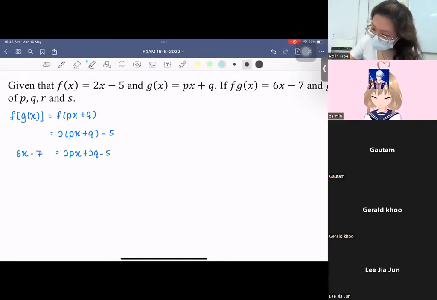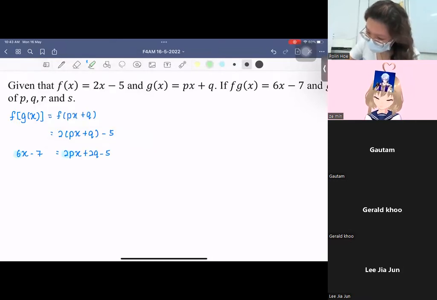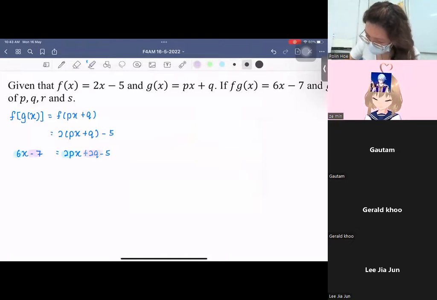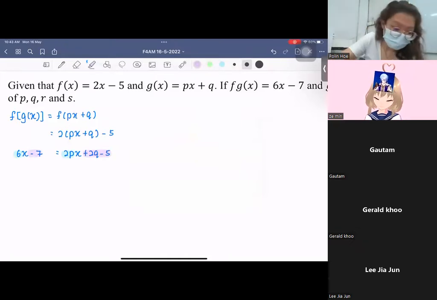So by comparison, 6 will be equal to 2b, and negative 7 will be equal to 2q - 5.